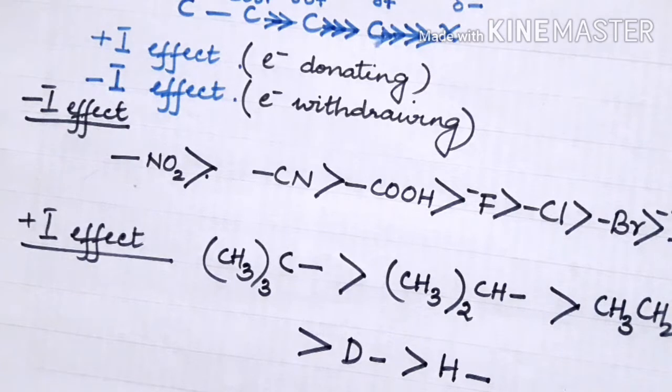So, you can conclude that inductive effect is a permanent effect operating in the ground state of an organic molecule. Inductive effect is responsible for high melting point, boiling point, and permanent dipole moment of polar compounds.